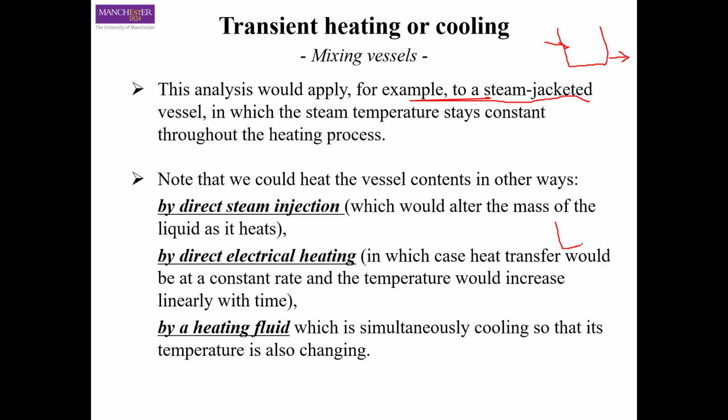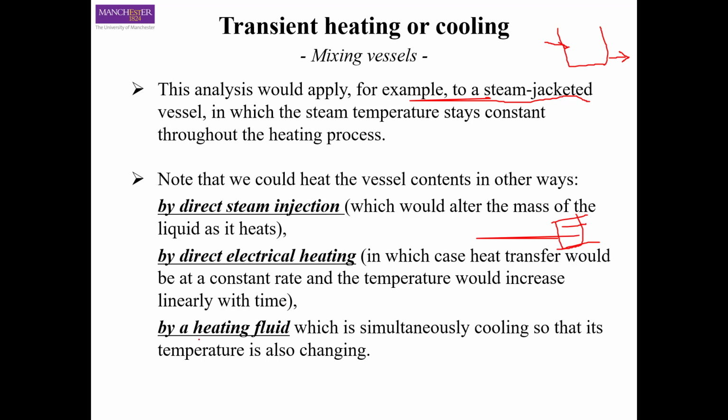It means that we are using a heater, for example heater wires, to heat this system. If we are doing that, the heating rate is constant because that's the heat provided by the electrical heater, and we have a linear increase of temperature in time because it's happening through conduction.